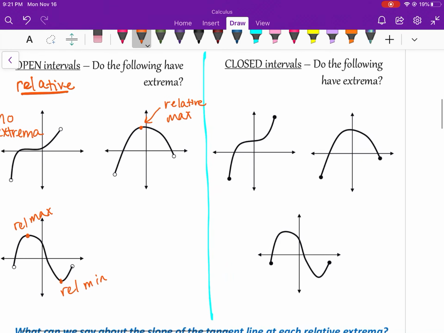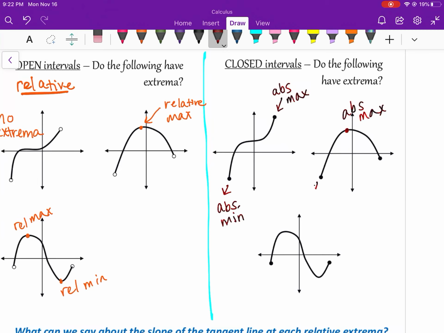When I switch over here to absolute, your lowest point is going to be your absolute minimum. Your highest point will be your absolute maximum, and these can occur at endpoints. For this one, I still have a max here. It is the highest point on my curve, so this will now be the absolute max.